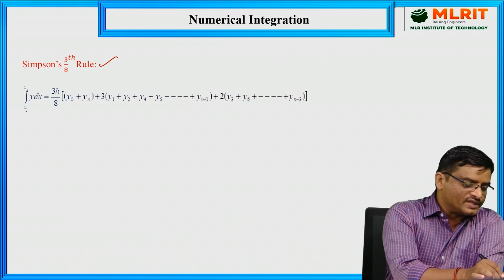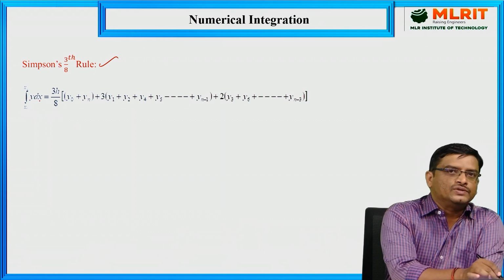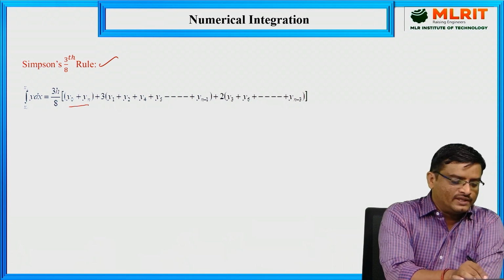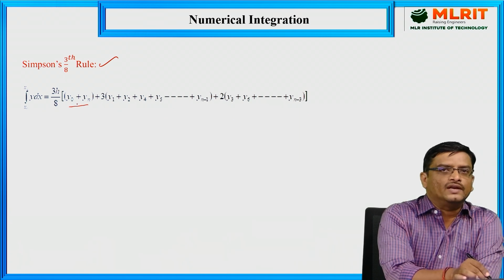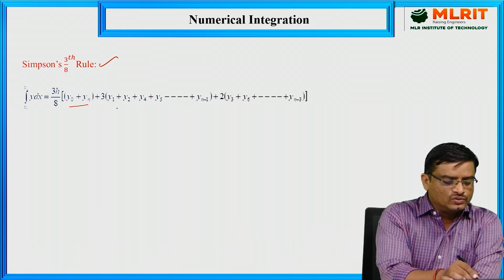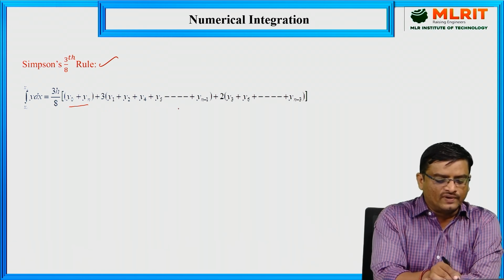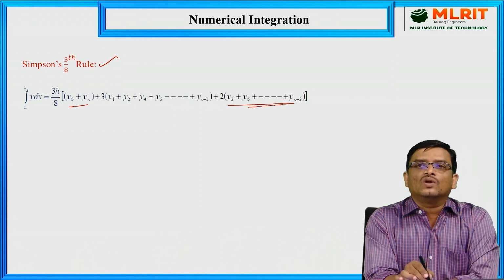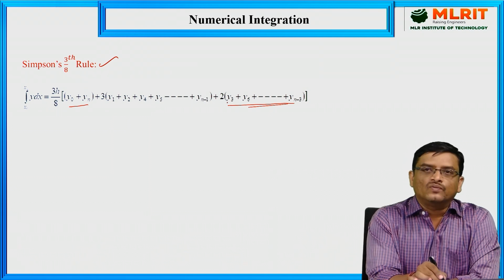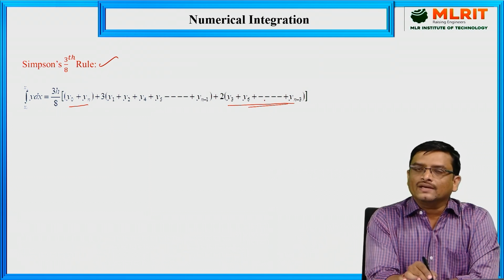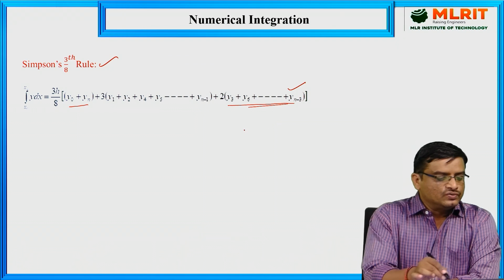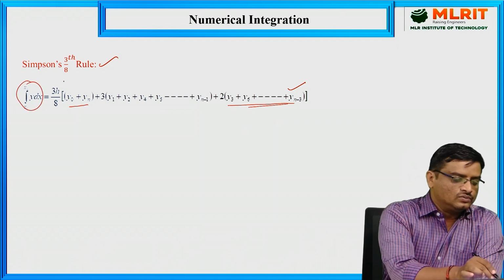The integral from x0 to xn of y dx is equal to 3h/8 times [y0 plus yn, which is common for all three formulas, plus 3 times (y1 plus y2 plus y4 plus y5 and so on), plus 2 times the ordinates which are multiples of 3, that is y3, y6, y9, y12, y15 and so on]. This is our standard formula to find the definite integral value by using Simpson's 3/8 rule.